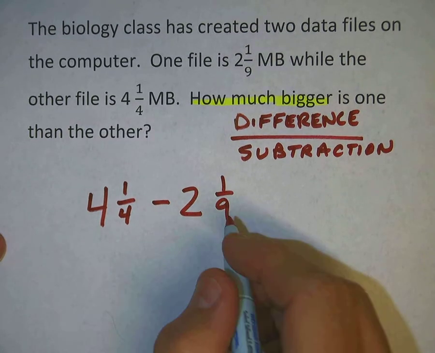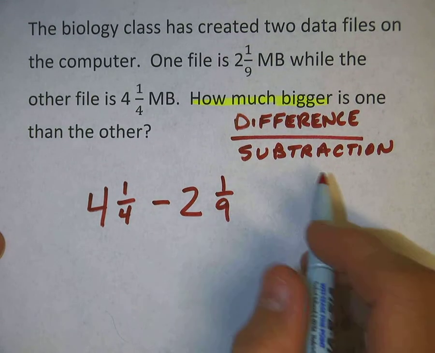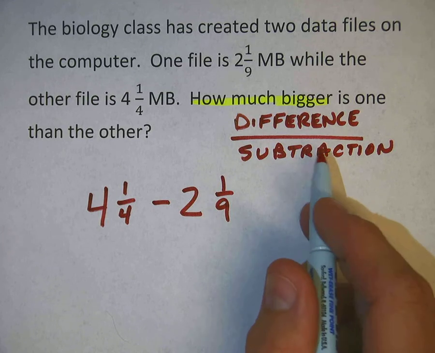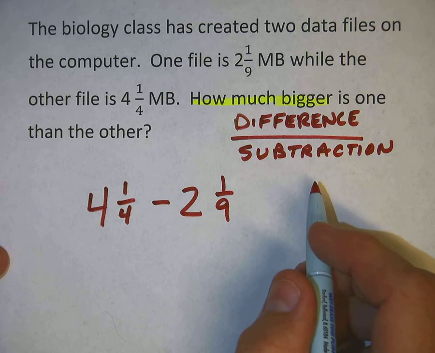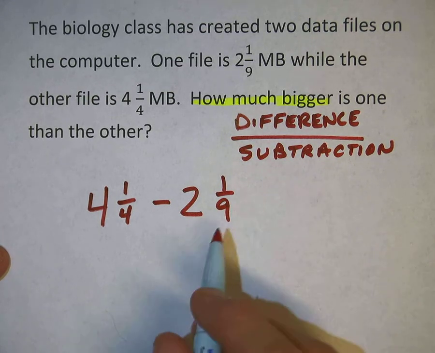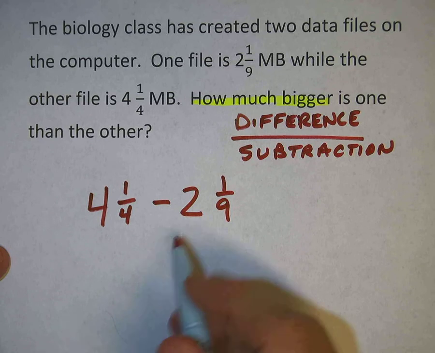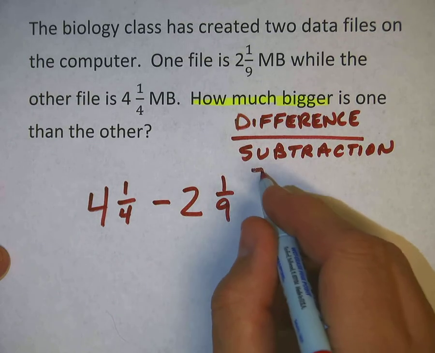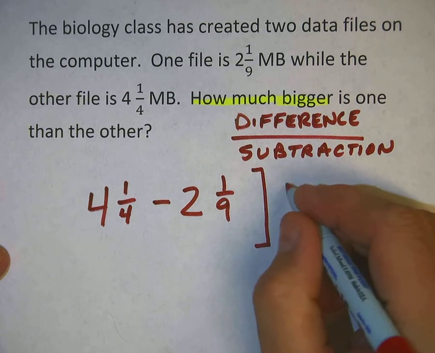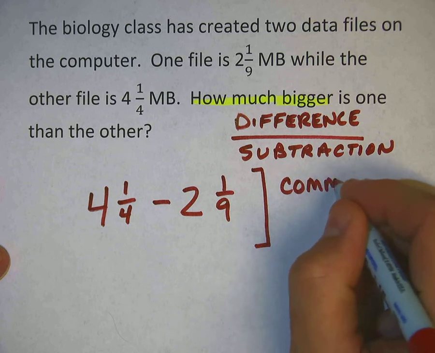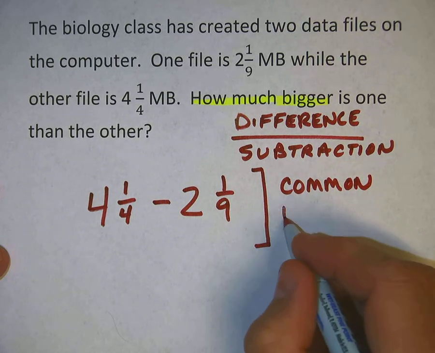Now, this is step one, and an important step. We've noticed it's a subtraction problem. We're getting the difference or comparison between two entities. But now we have to look at the rules or the process for subtracting properly. The rule for subtracting and for adding fractions is that I have to have a common denominator.